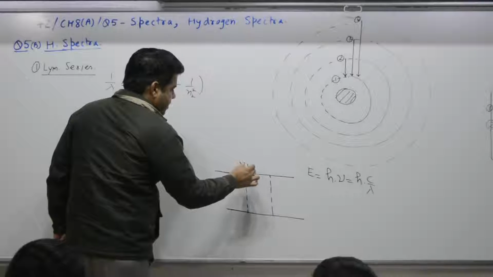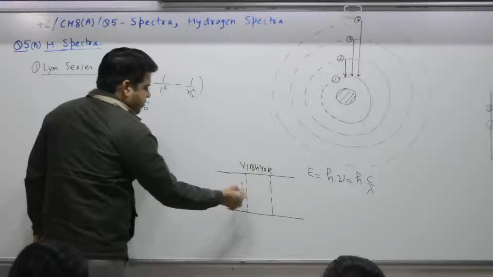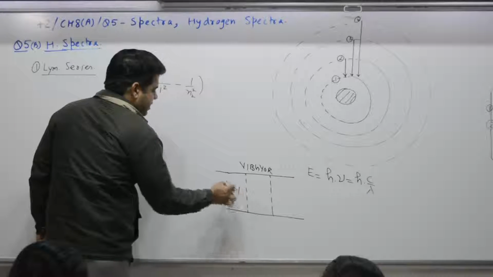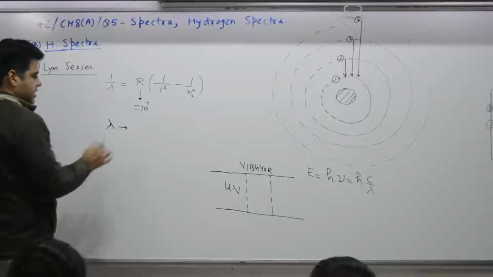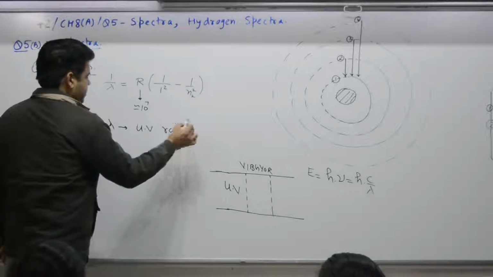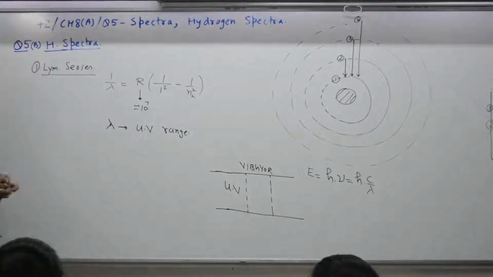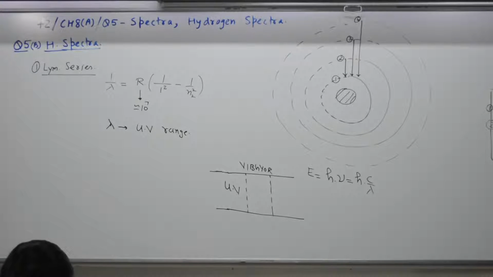This is VIBGYOR, visible light. Before violet it is ultraviolet. Lambda falls in the ultraviolet range. Time with you is 2 minutes to write the Lyman series.